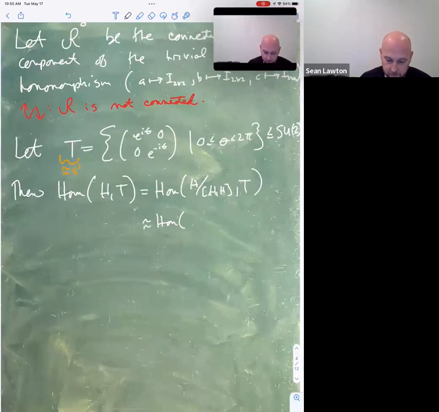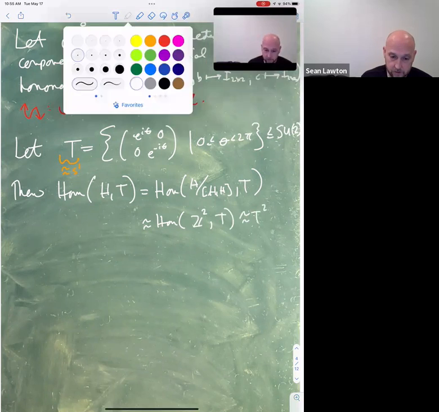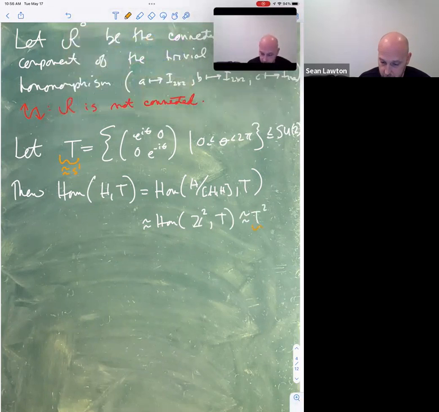It is the free abelian group of rank 2, which, because T is abelian, is just T squared, which is of course just S1 cross S1, just a torus, friendly torus.